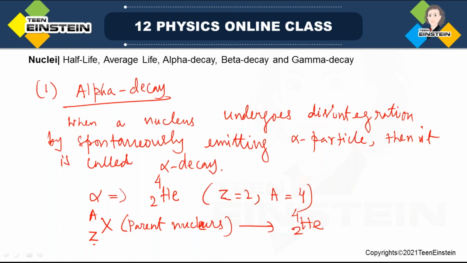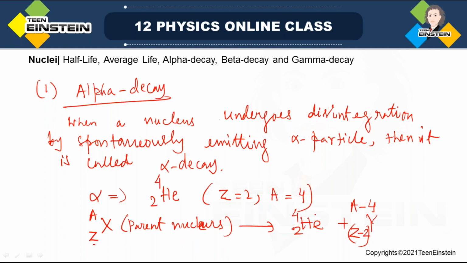If the atomic number is changed, then this parent nucleus changes to some different nucleus. It does not remain the same nucleus. Its composition can be written as Z minus 2, and the mass number as A minus 4, because it is releasing 4 mass number and 2 Z.